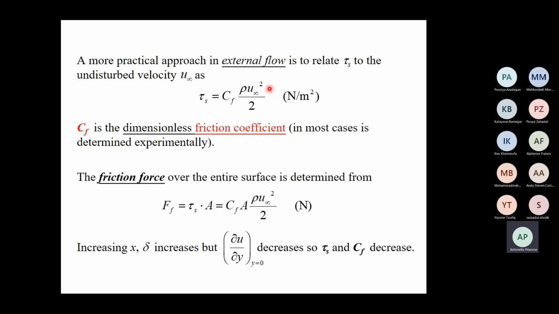I know that the fluid arrives at velocity u infinite near the plate, and I want to express the surface shear stress by using this velocity, introducing this coefficient. Obviously, this coefficient changes along the plate. CF is not a thermophysical property of a fluid, it is a dimensionless parameter that changes along the plate.